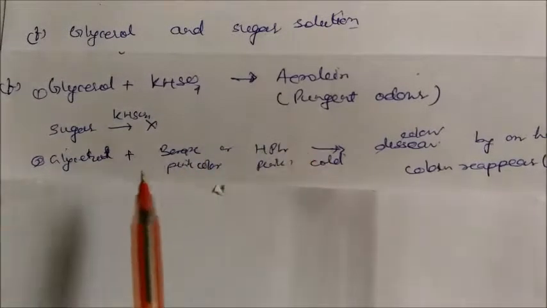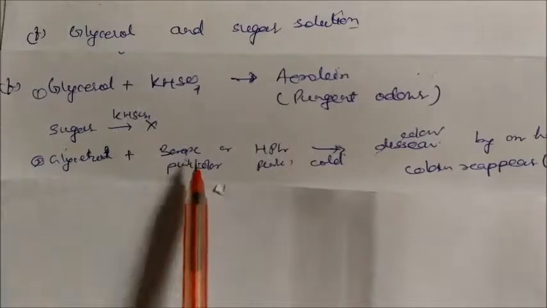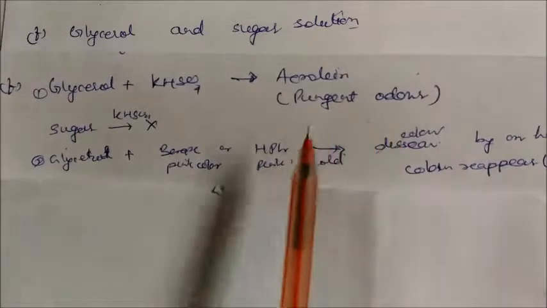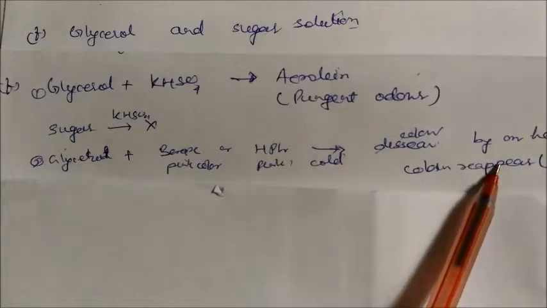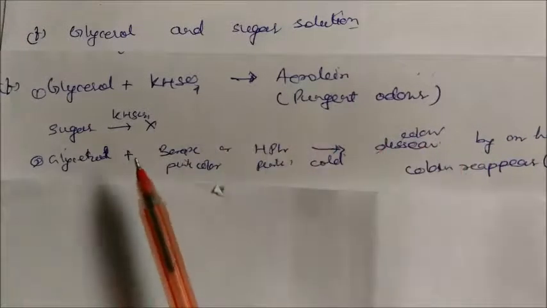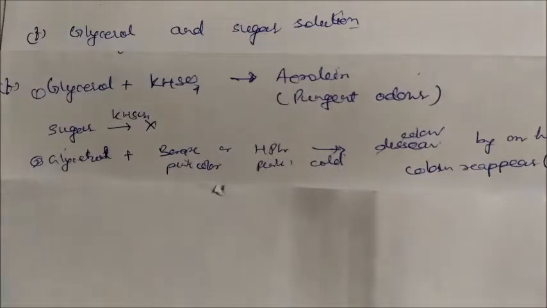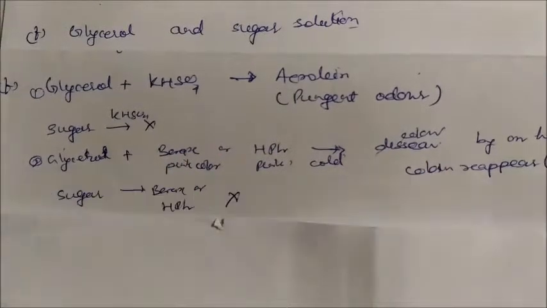Under cold conditions, the color of the borax and phenolphthalein will disappear. But if you heat that solution, the color will reappear. So glycerol will give this result, while sugar will not give this test.